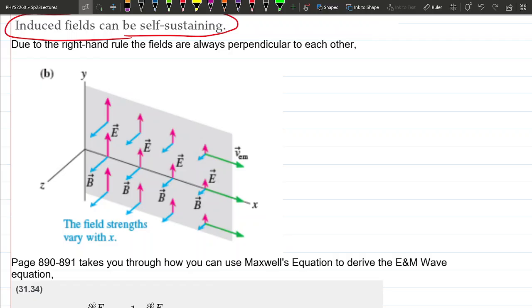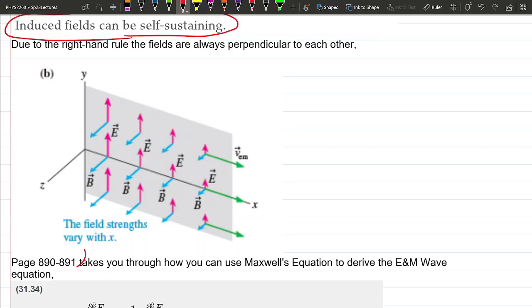For light, they're perpendicular to each other. Whenever the electric field is getting smaller and smaller, it also changes the magnetic field, but the changing magnetic field also creates electric fields, so the two are coupled together.